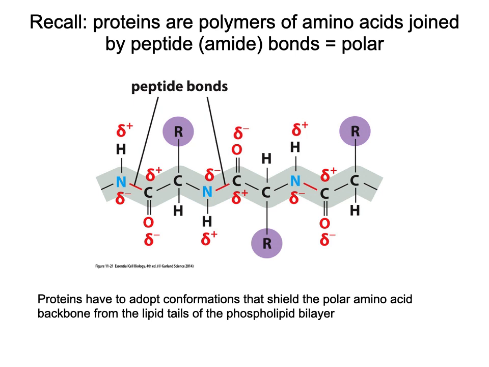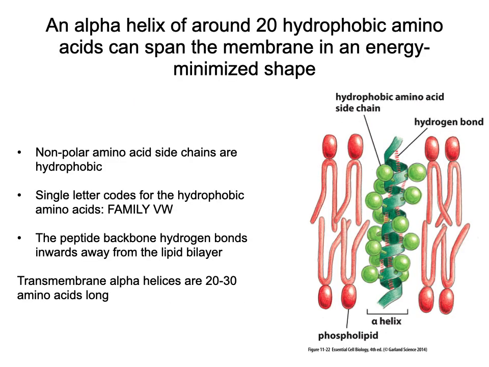So if we keep in mind the information we learned in Chapter 4 about proteins and how they end up folding, remember that if we look at the alpha helix, for one that is going to be a transmembrane protein, the alpha helix would have the hydrophobic amino acid side chains on the side, right? And so there becomes a natural tendency for that alpha helix to be embedded in a membrane so that it's not interacting with the cytosol or the extracellular space.